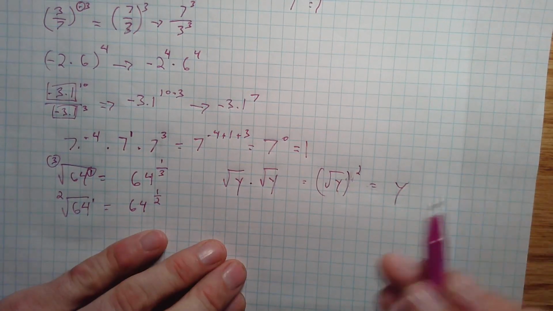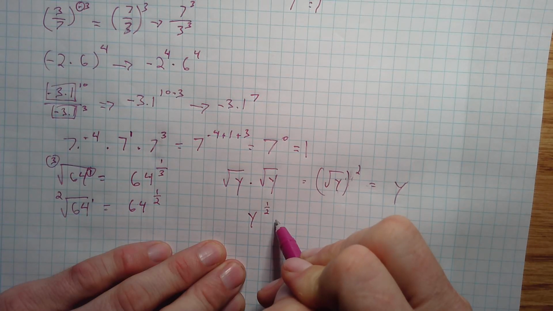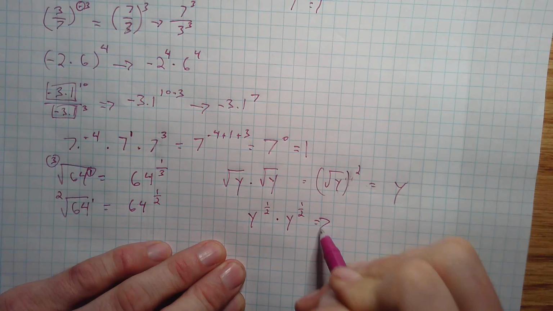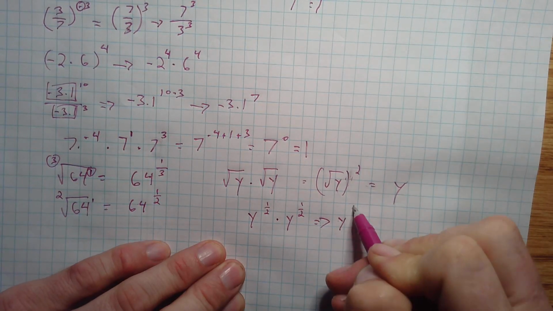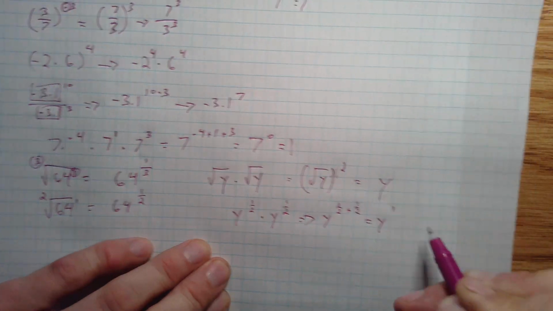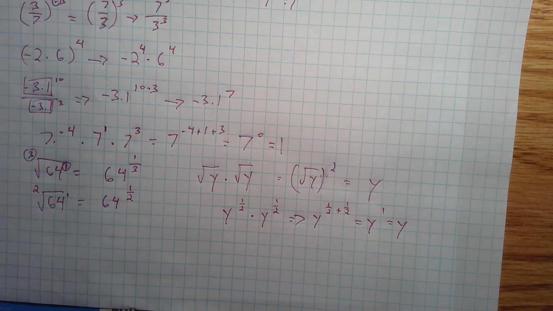Another way to look at that is y to the 1/2 times y to the 1/2, which yields y to the 1/2 plus 1/2, which equals y to the first, which equals y. So that's one way to look at it.